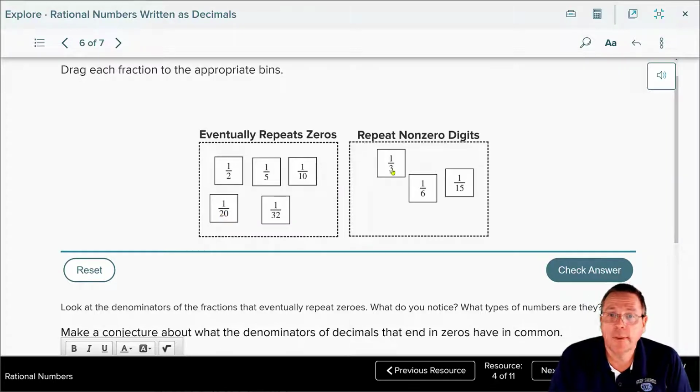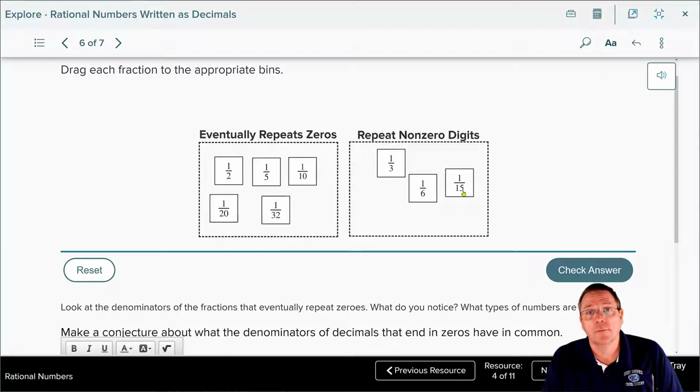This here, that's got a 3. That's not going to be repeating zeros. This one is 2 times 3. 3 is not going to lead you to repeating zeros. This one's got a 3 times 5. Once again, you have a 3 in your denominator. It's not going to lead you to repeating zeros either.